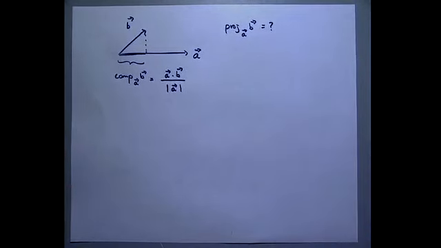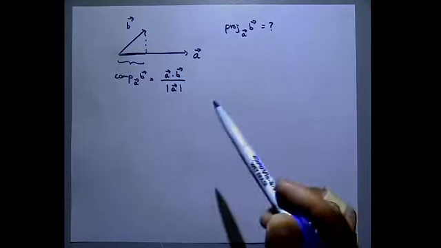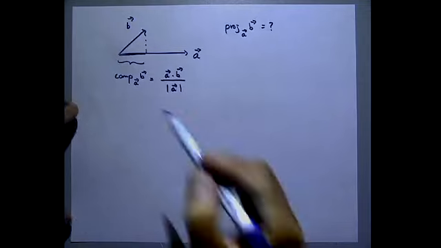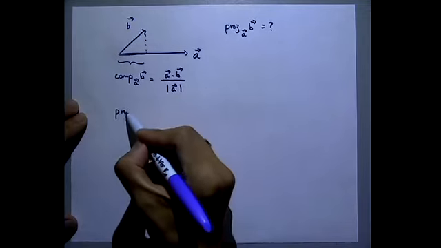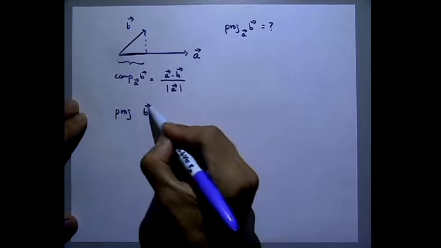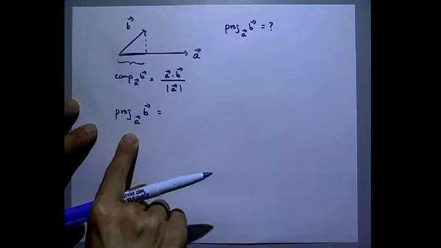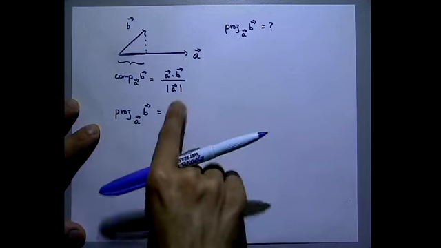And now we need to know what direction it is pointing. And the answer is obvious. It's pointing in the A direction, right? The vector projection is equal to a vector this long.